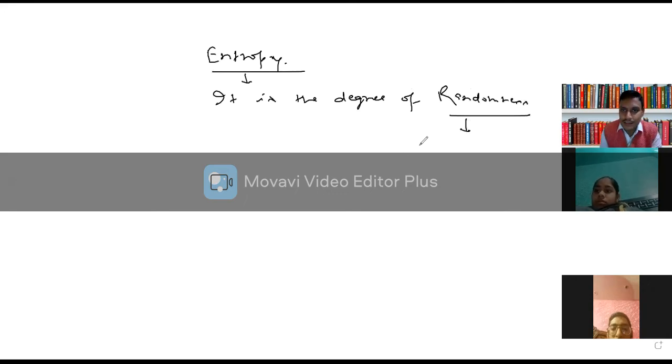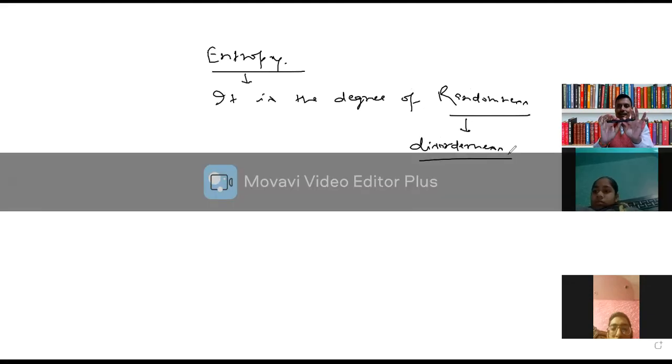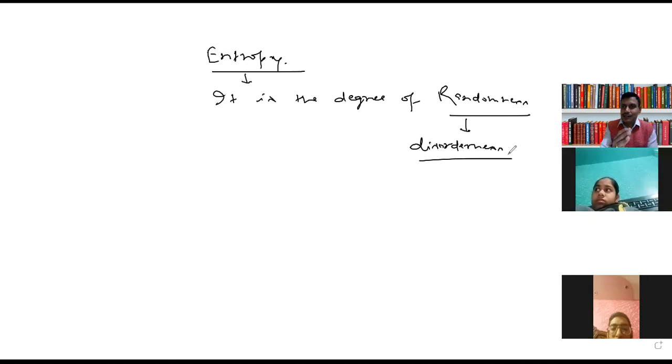Randomness means disorderness. And what is the meaning of disorderness? If you take this pen, this is in the most ordered form. And if you tear this pen apart, that will become disordered. If you take gaseous particles at 0 degrees, and whenever the temperature rises, the gaseous particles become more random due to the higher kinetic energy.